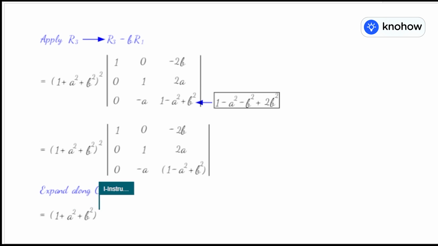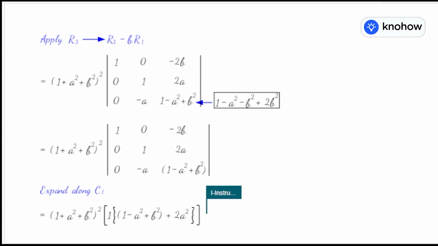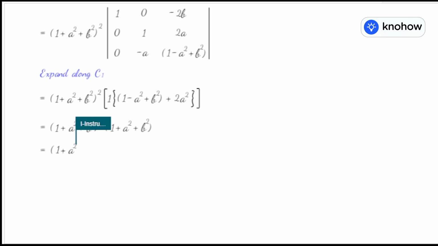Expanding with C1, you get 1 times (1 · (1 − a² + b²) + a · 2a), so 1 − a² + b² + 2a², that will also be 1 + a² + b². And obviously you now get the required result, (1 + a² + b²)³, and that is your required right hand side.